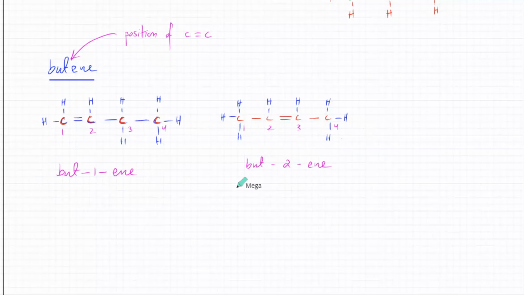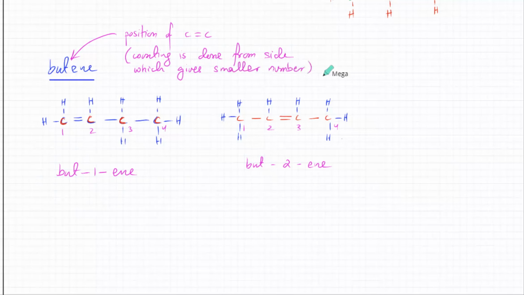And also remember the position or the counting is done from the side that gives the smaller number. So this one is our butene molecule.